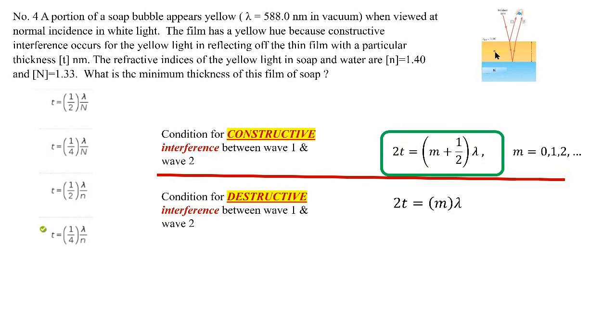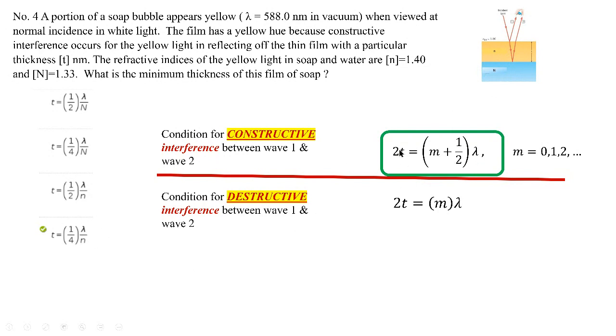It is still the same frequency, but the wave velocity in a medium is slower, therefore the wavelength is now smaller, and therefore it is lambda over n, where n is the refractive index of this medium.